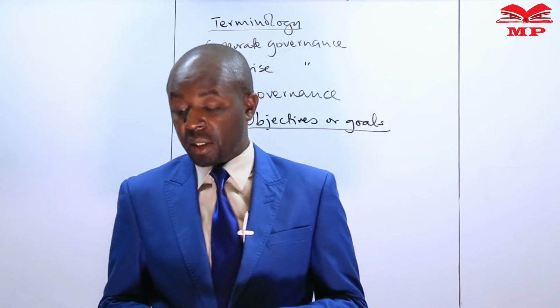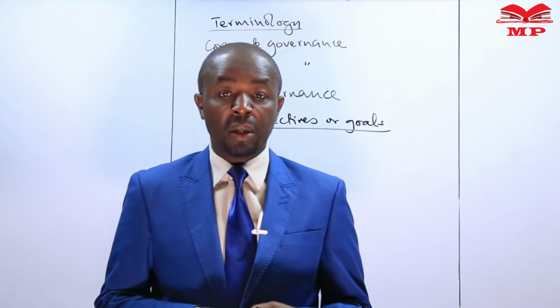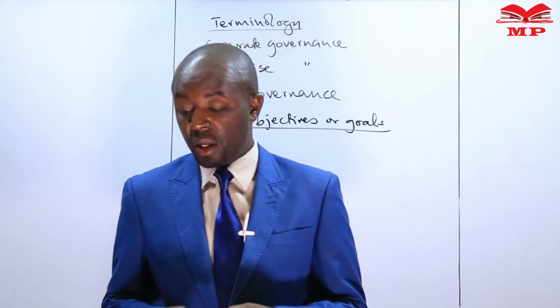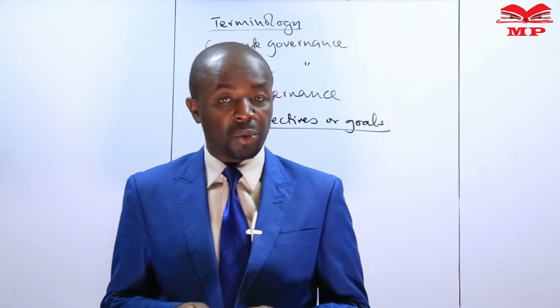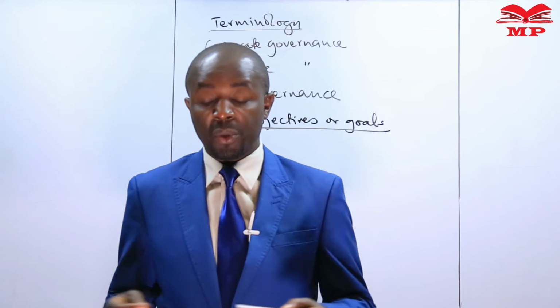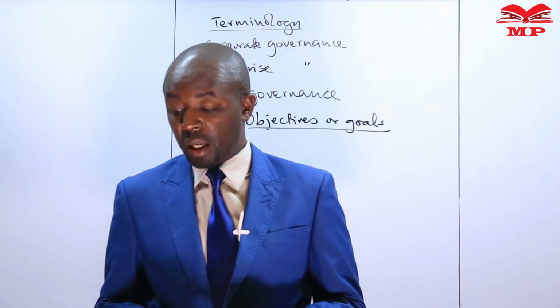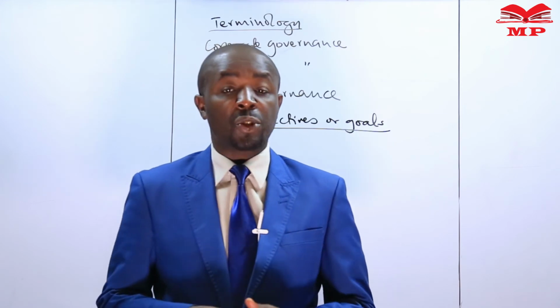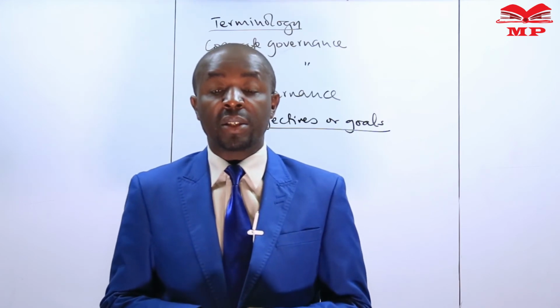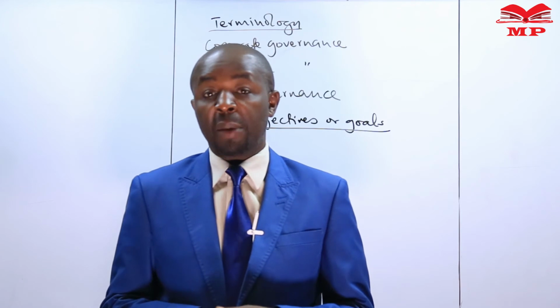Now, the second focus area is value delivery. Every organization focuses on delivering value to its employees or to its customers and suppliers. Starting from the employees, the organization should ensure that the ICT systems are benefiting the employees.